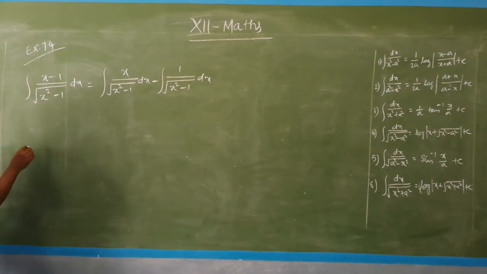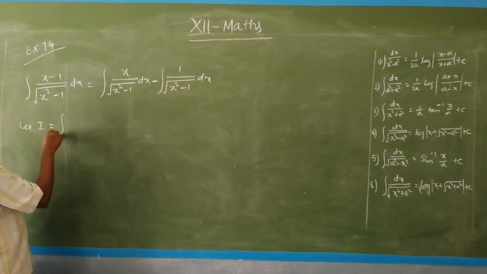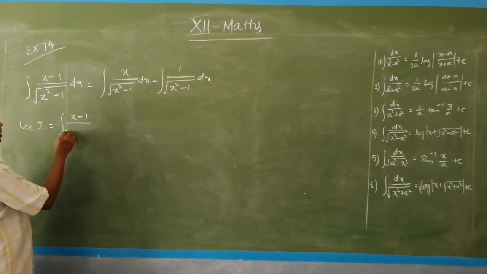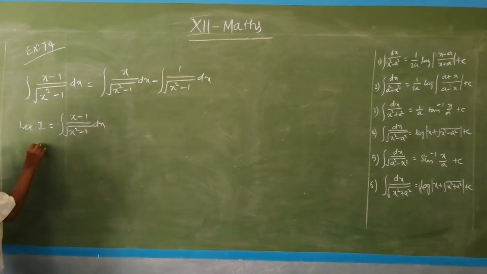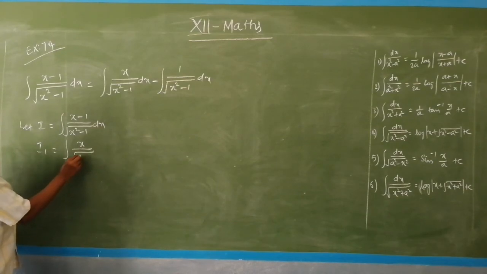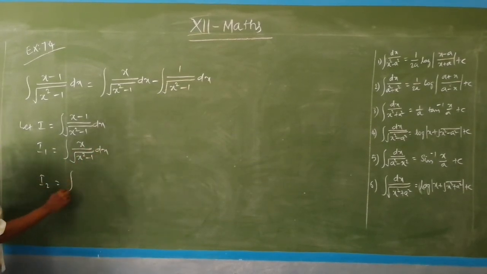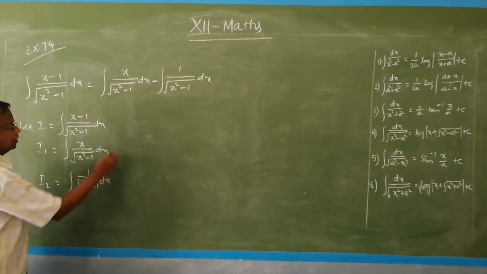For the first one, let I equal to integral x minus 1 divided by root of x square minus 1 into dx, and I1 equal to integral x divided by root of x square minus 1 into dx, and I2 equal to integral 1 divided by root of x square minus 1 into dx.